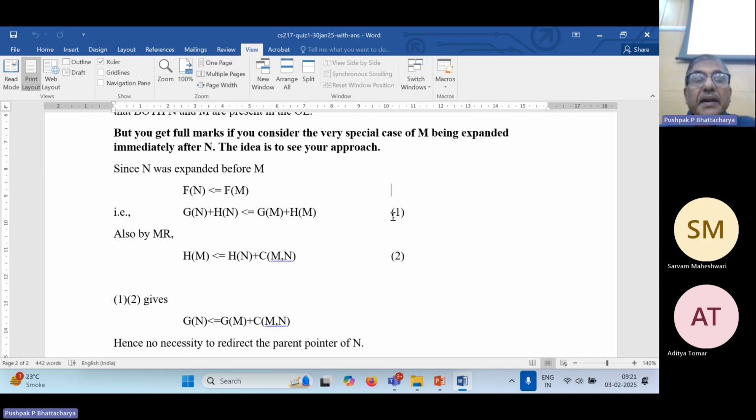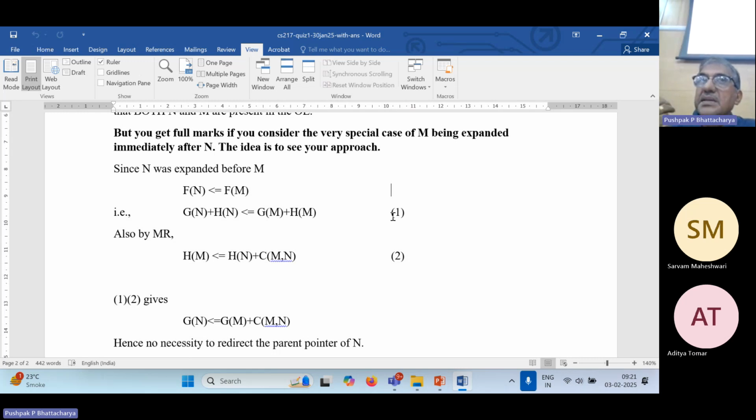So you see, we are comparing Gn and Gm, assuming that when N was expanded, we compared Fn and Fm and found that Fn is less than or equal to Fm, which is Gn plus Hn is less than or equal to Gm plus Hm. At that point of time.